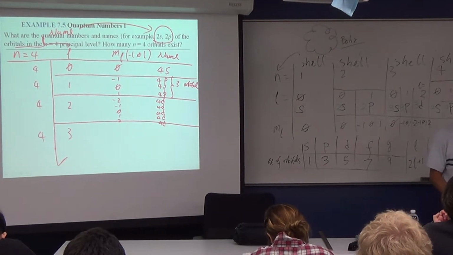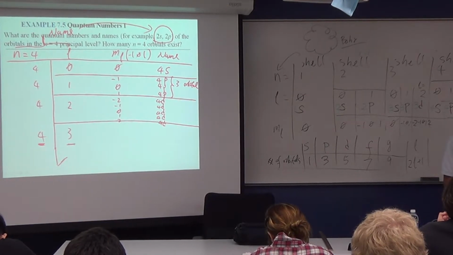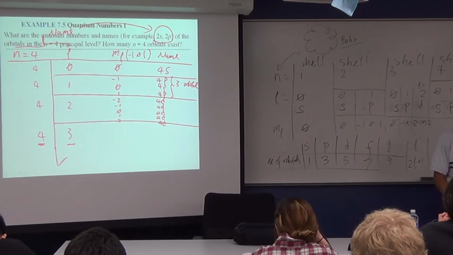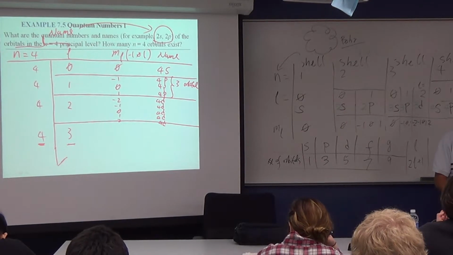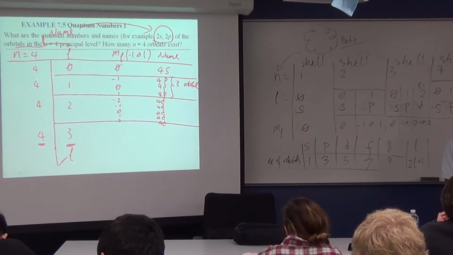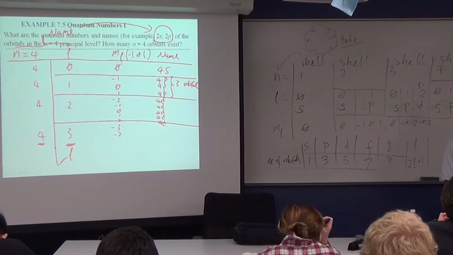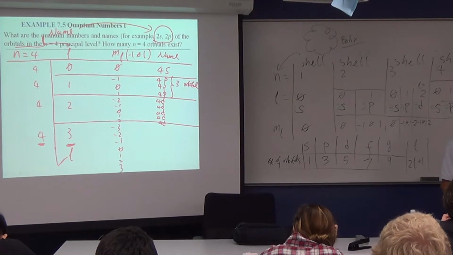Alright, so the next one is this combination, 4 and 3. What do you call them? Well, first you figure out what number you have for ML, and you see how many of that. So what are the numbers for ML if I have this L? -3, -2, -1, 0, 1, 2, and 3.